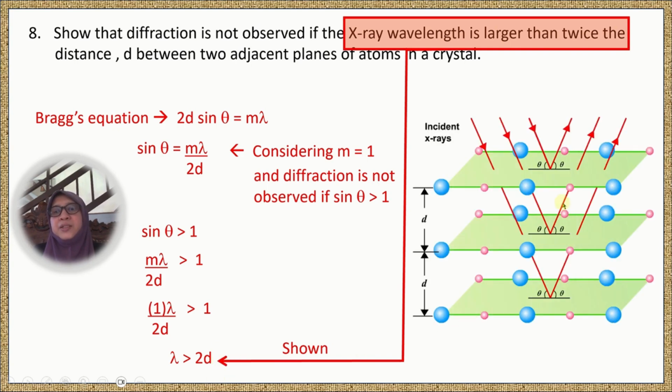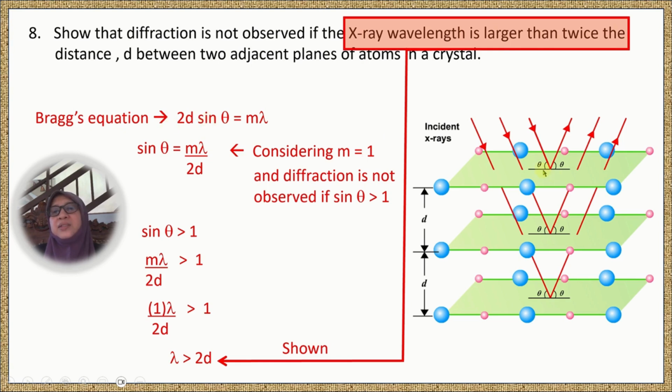Okay, if we refer to the diagram here, a two-dimension diagram, so these are the atoms in the crystal. Okay, so there are many families of crystal planes, so let's choose this plane. Then this is the incident electron beam incident to the plane, and the theta, we get Bragg's equation here.